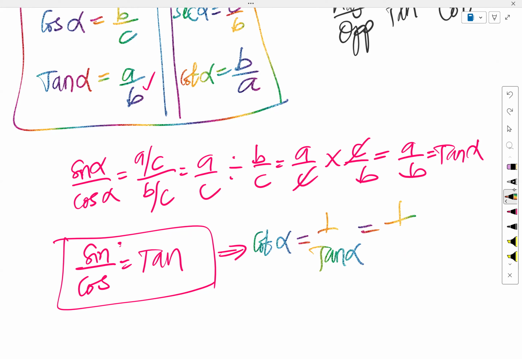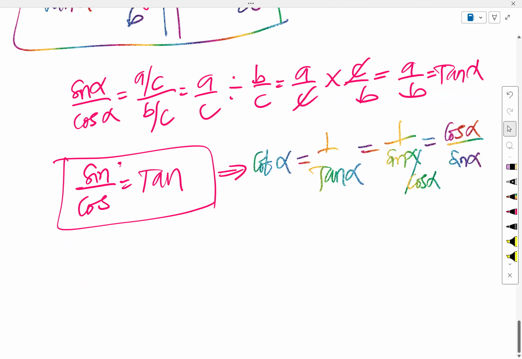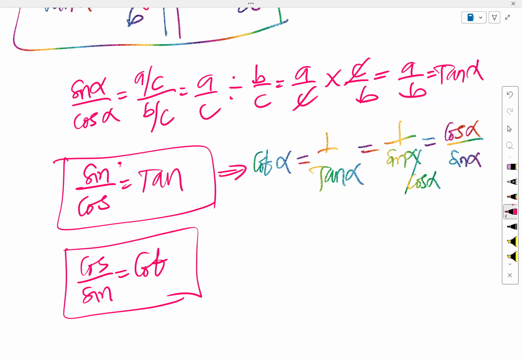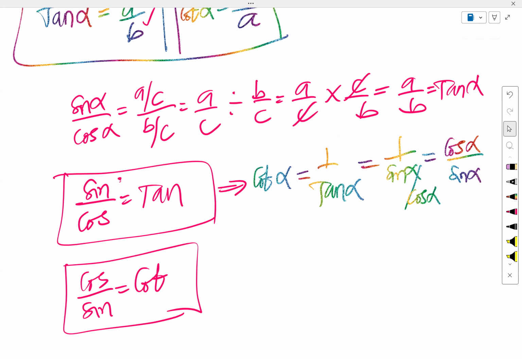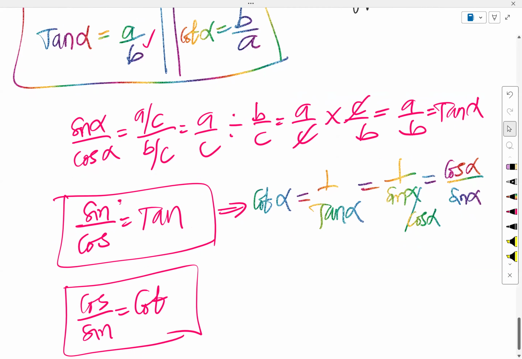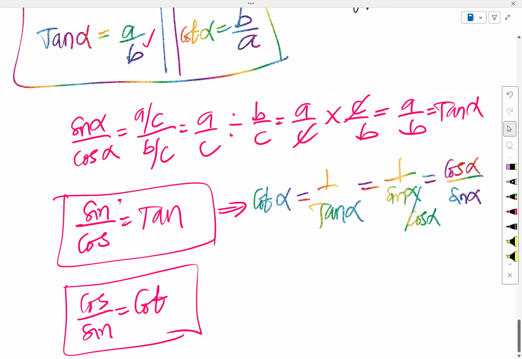We already know that tan alpha is sine alpha over cos alpha, so that means we have cos alpha all over sine alpha. So again, we see another relationship: cos over sine is equal to cot, being the reciprocal of tan alpha. So anytime you have sine of something over cos of that thing, it gives you the tan of the thing. And anytime you have cos of something over sine of that thing, it gives you the cot of the thing.